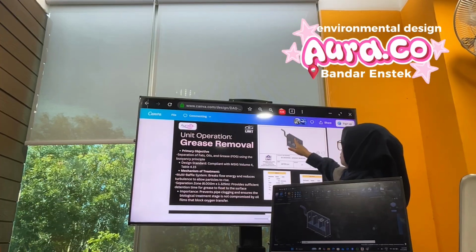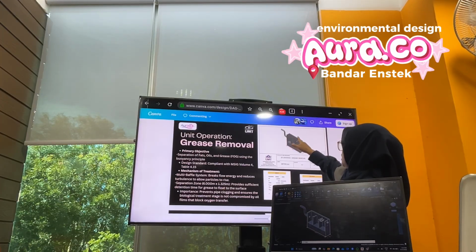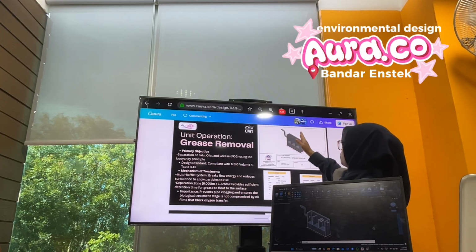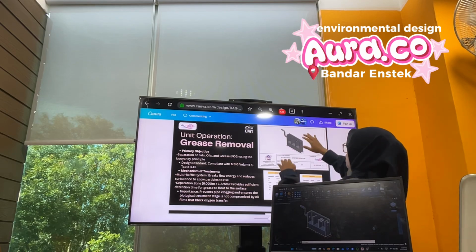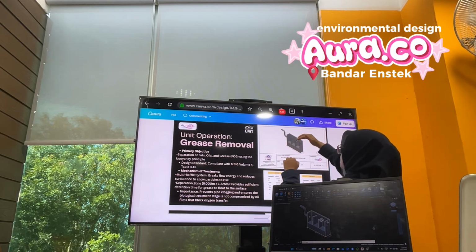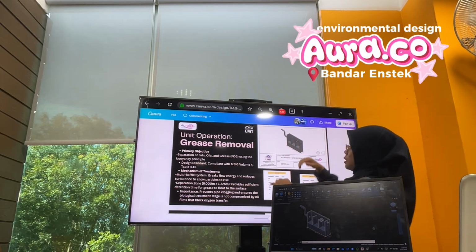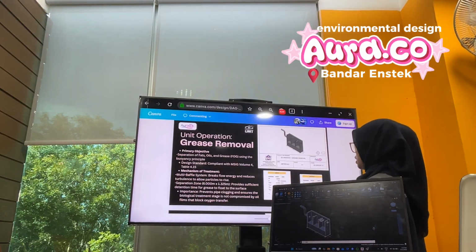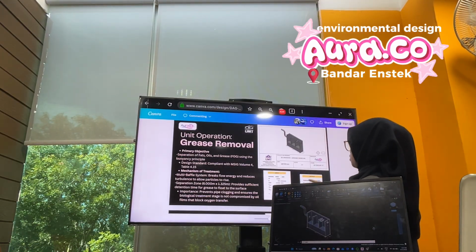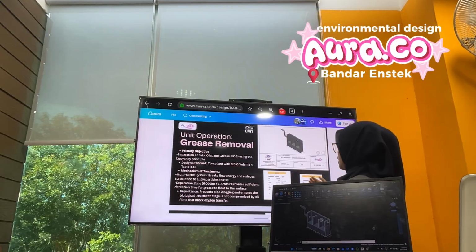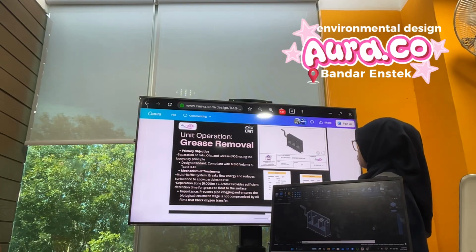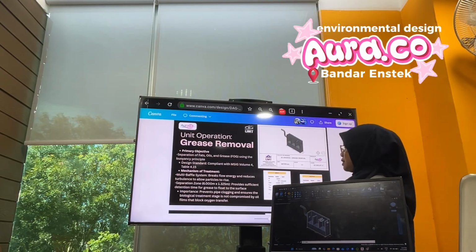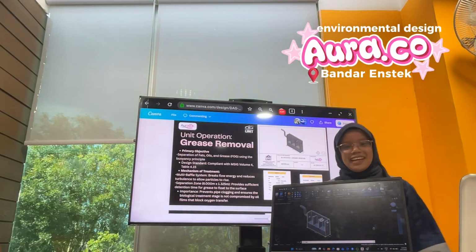So when the water rises, it separates the oil, and the water goes to the next baffle. And this is the calculation for the volume and the PE for this calculation.